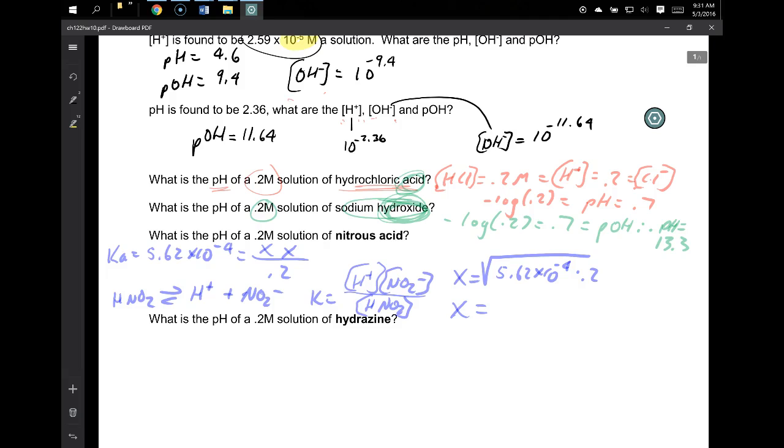Square root, 5.62e negative 4 times 0.2, close parentheses, equals, and I get 0.0106, and then if I take the negative log of that, I get a pH equal to 2.